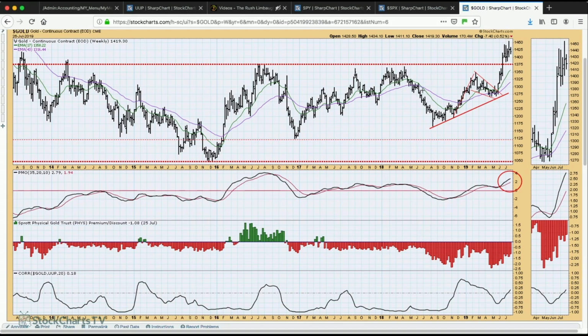But it's been so herky-jerky that people are still negative on gold. It's probably going to surprise everybody one of these days, but it's certainly been sneaking up over a period of about 3 years.